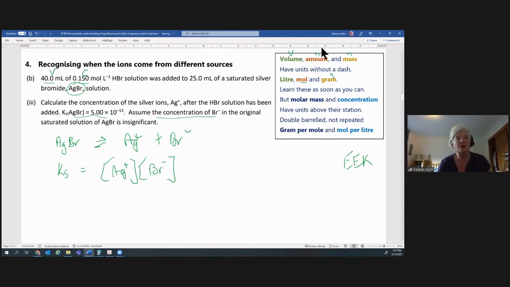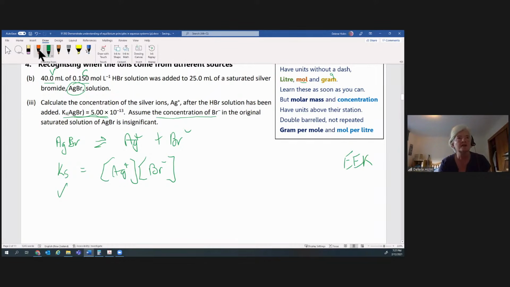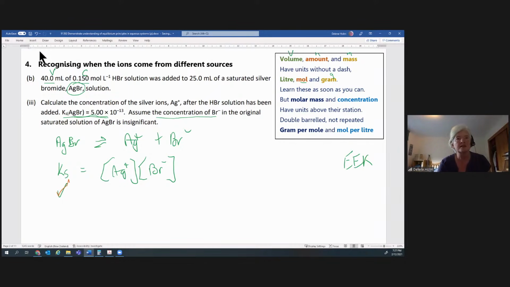Now, once we've got that, we go, okay, I know my Ks. Let's use another color pen. I know my Ks. I have been given a bromide solution over here because I've got a concentration. But I have got two volumes.